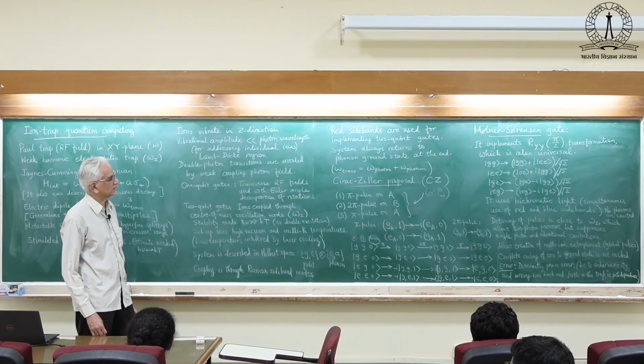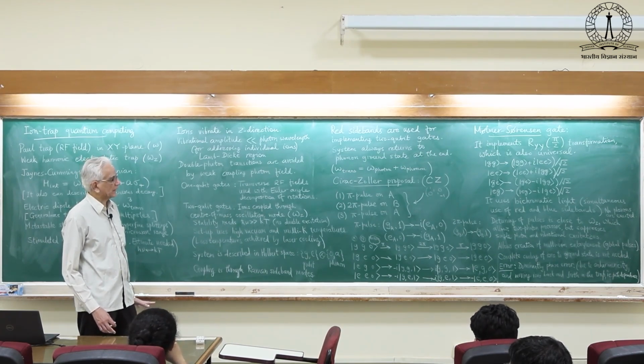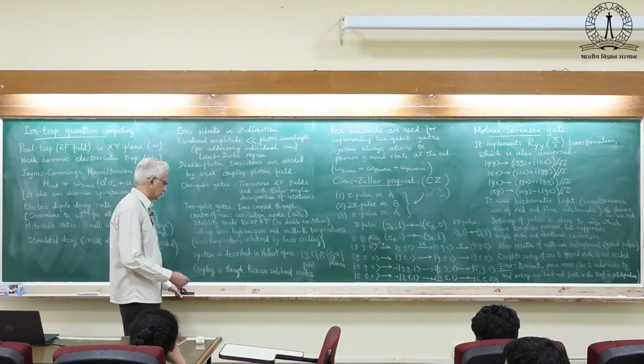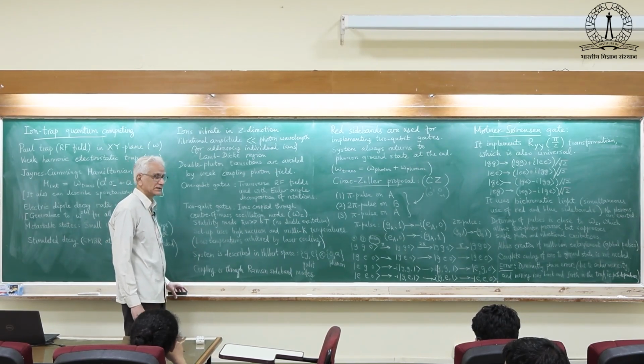The only difference is that instead of having ions, now you have neutral atoms. But that gives certain advantages, and that is why a lot of efforts are invested in that as well.